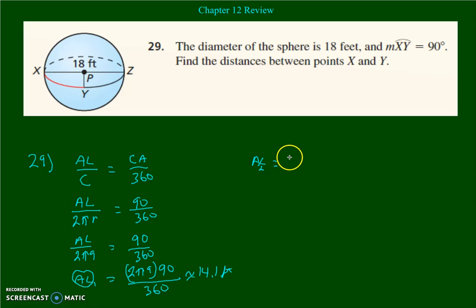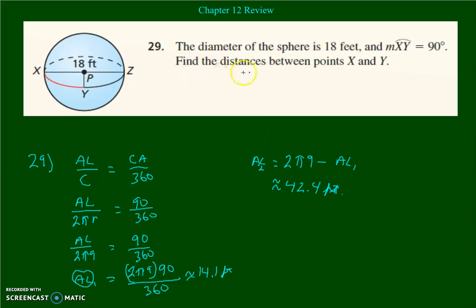So we can say 2 pi 9, which is the circumference of the circle, minus arc length 1. And that would come out to approximately 42.4 feet.